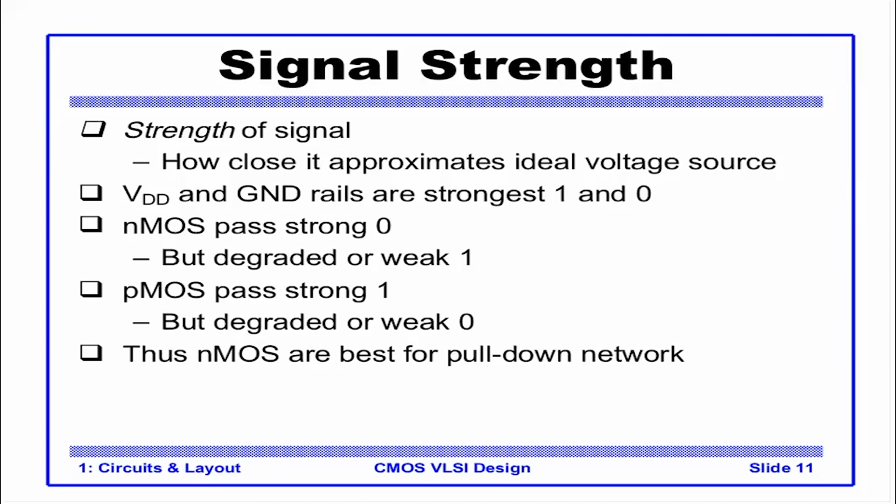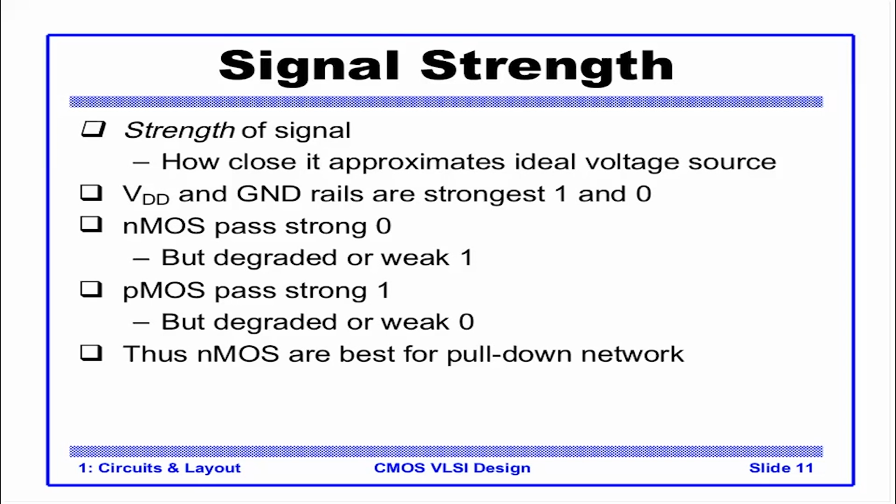We saw earlier that NMOS passes a strong 0. That is why it is used in a pull down network. But it passes a degraded or weak 1. We also saw that NMOS, while passing 1, has the VT of the transistor subtracted from VDD.